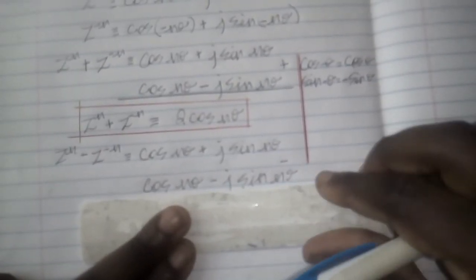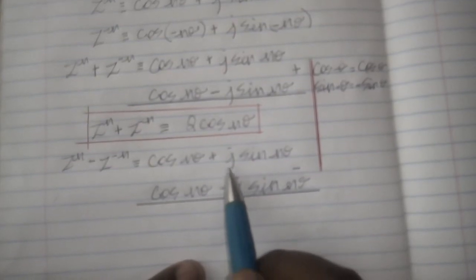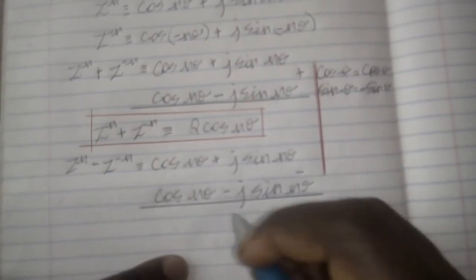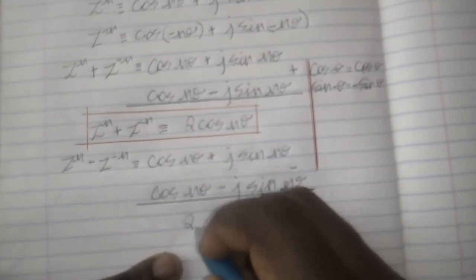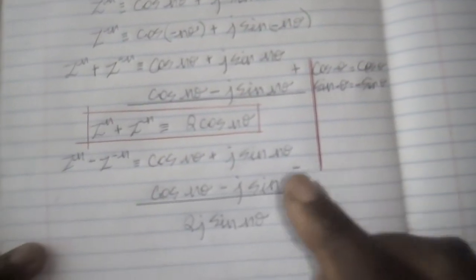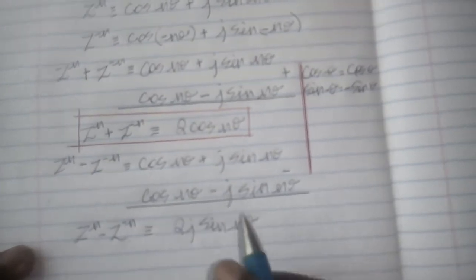Okay, we are subtracting this time round, and if we subtract that, cos n theta minus cos n theta is 0, plus j sin n theta minus minus, which is positive, j sin n theta, that will give you 2j sin n theta, which means that z raised to power n minus z^-n is identical to 2j sin n theta.